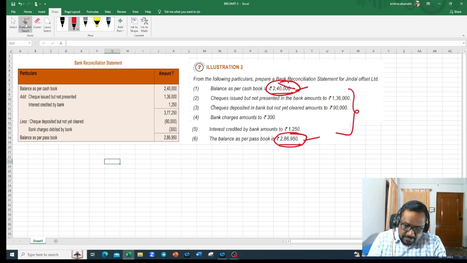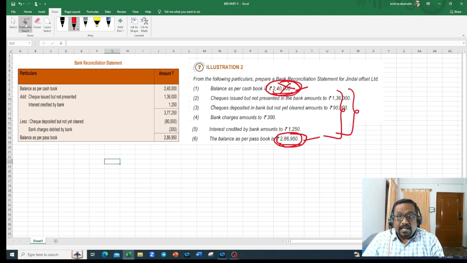If you don't want to take the cash book balance as the basis, you can take the passbook balance and start preparing the reconciliation. Then you will get the cash book balance as the end result. So whenever two balances are given, either you can take cash book or you can take passbook and prepare your reconciliation statement. This is rule number one.